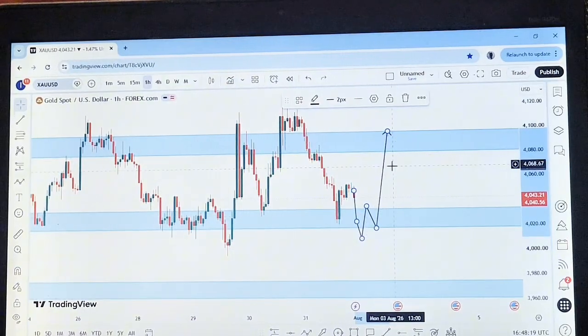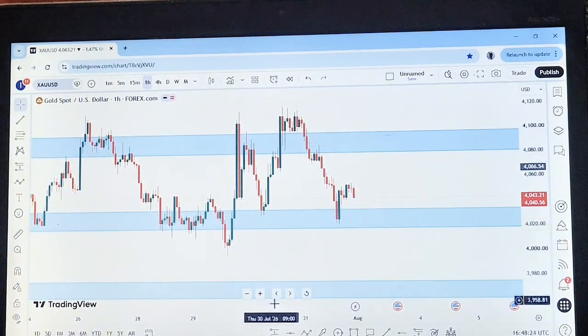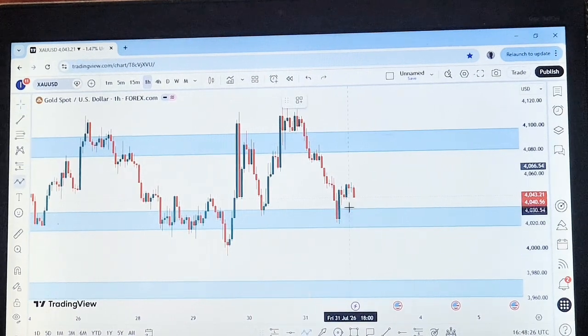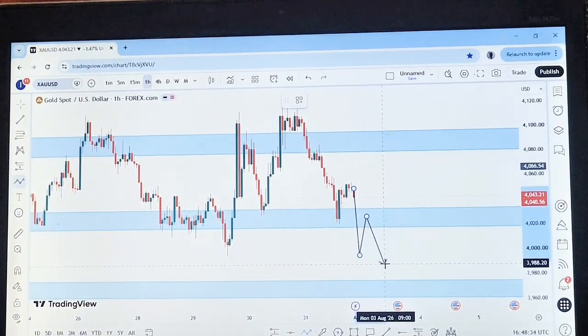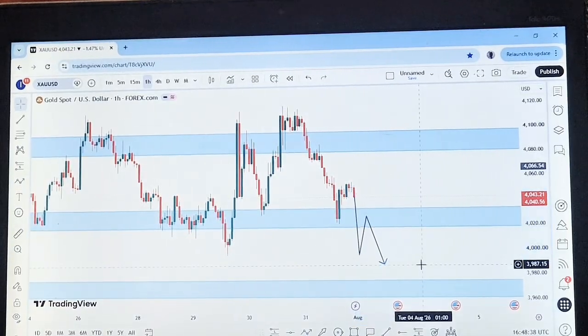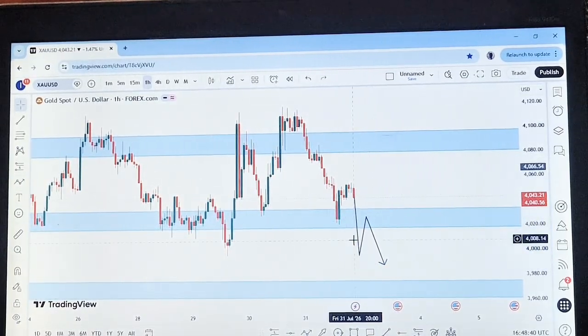So these are the three things you should be expecting next week. The first one is anticipating a break to the downside on that level, a retest of the level, and then a sell to the downside. That is the first thing you should bear in mind.